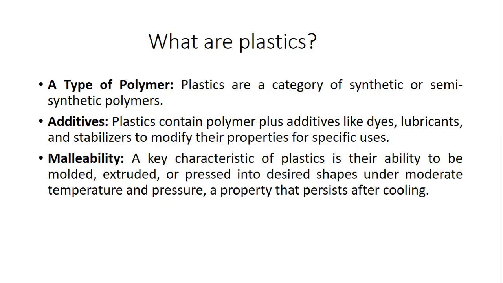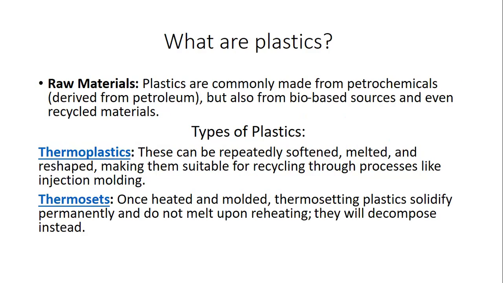This is called malleability. We can deform the polymer material, that is plastics, into any required shape, and even after cooling the same property exists for a long time. What are the raw materials for plastics? They are generally made from petrochemicals, bio-based sources, and even recycled scrap materials.